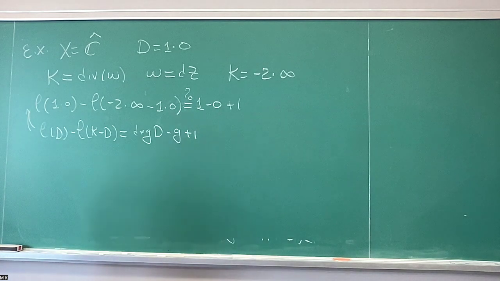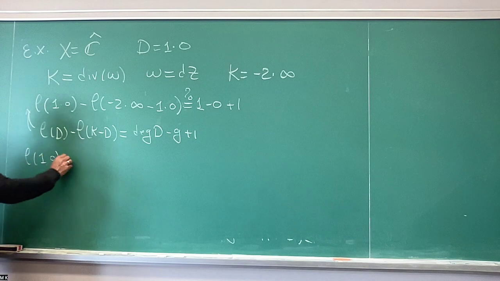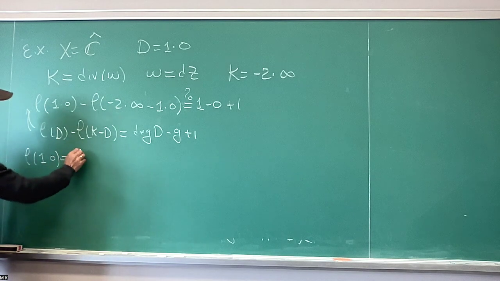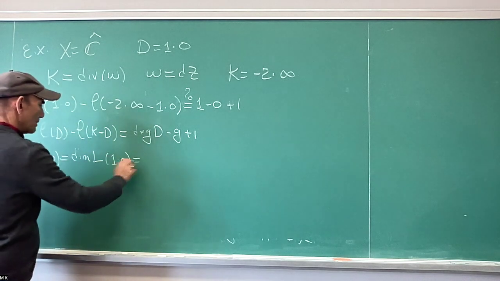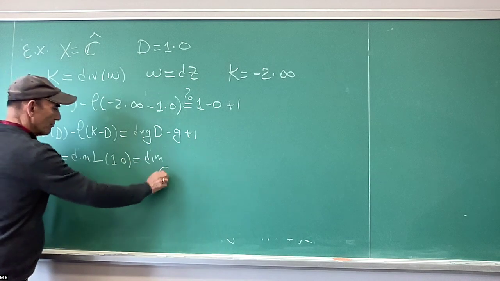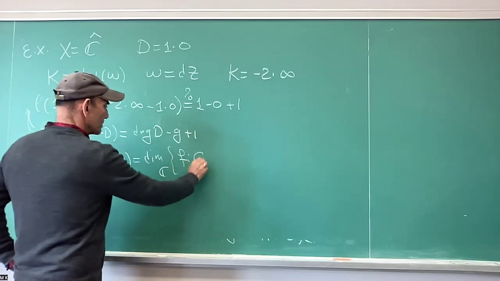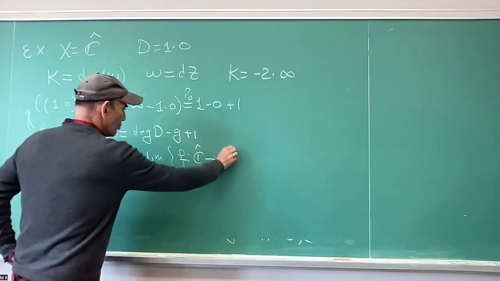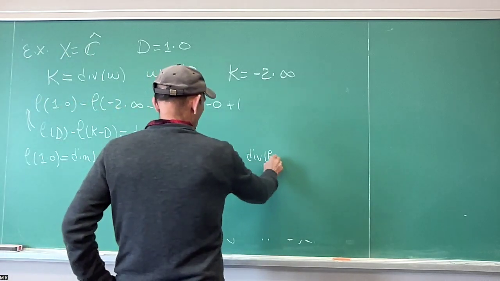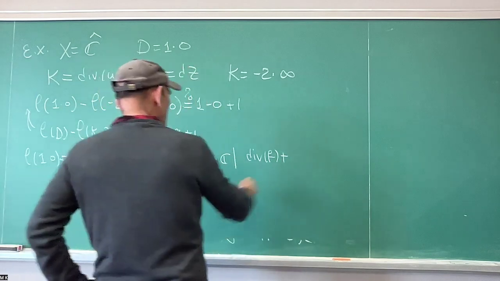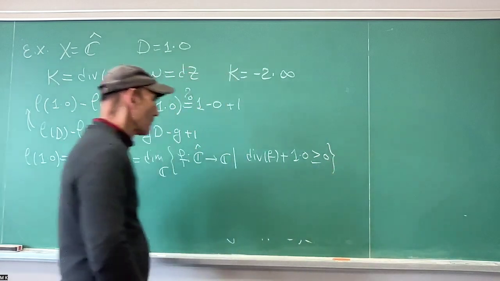Okay, so L of 1 times 0 is equal to the dimension of the following space of meromorphic functions on C hat: the set of f from C hat to C meromorphic such that divisor of f plus 1 times 0 is bigger than or equal to 0, right?